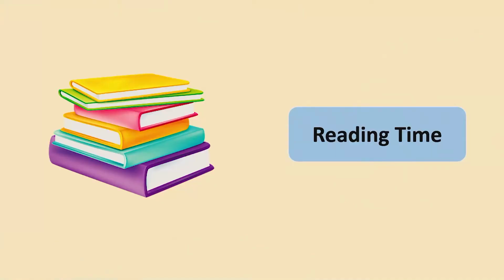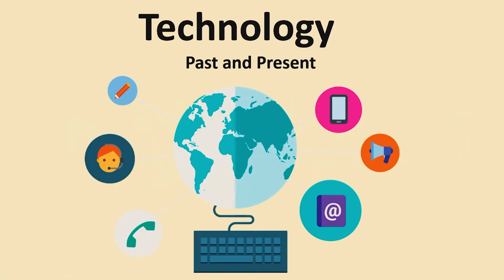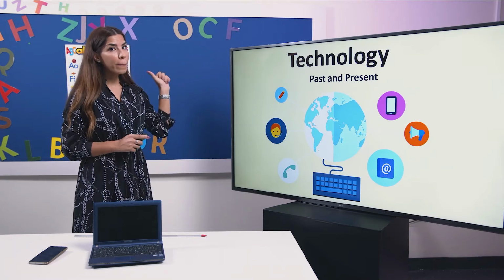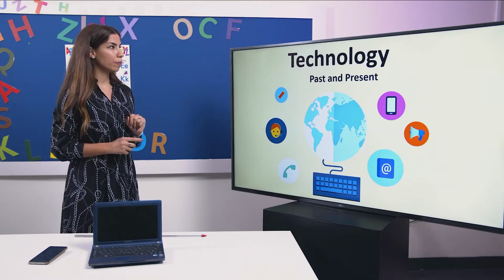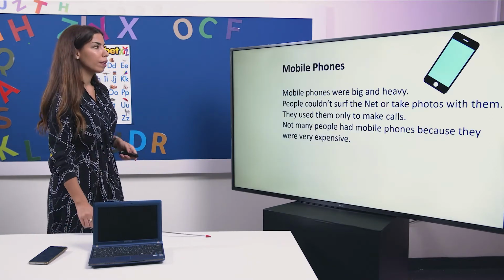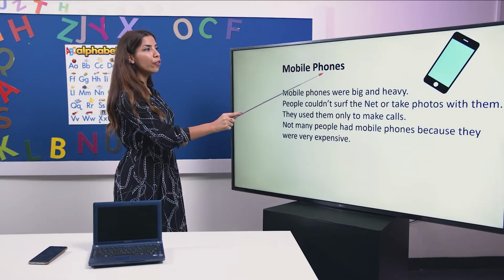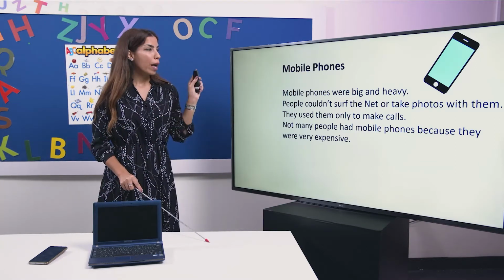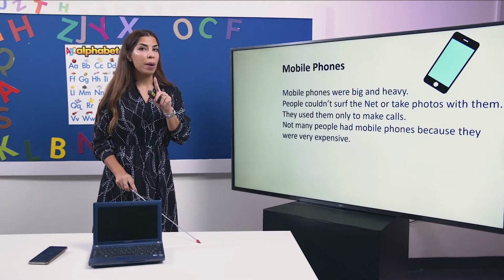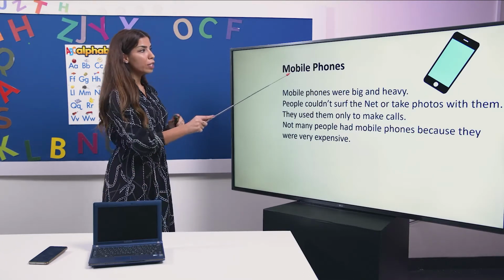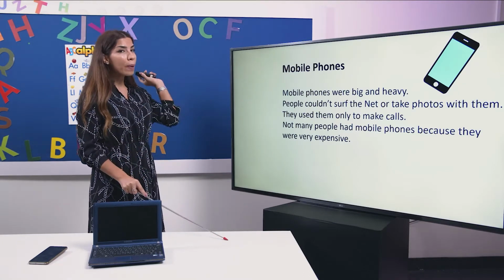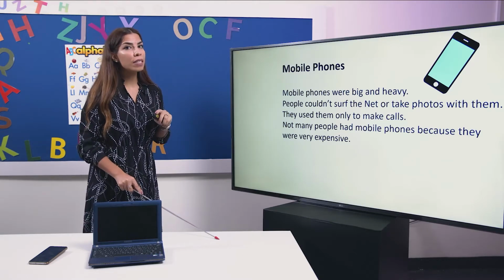Okay, now let us read together. The title of our text is Technology, Past and Present. Mobile phones. So, in our text, we will read about the difference between mobile phones in the past and mobile phones in the present.